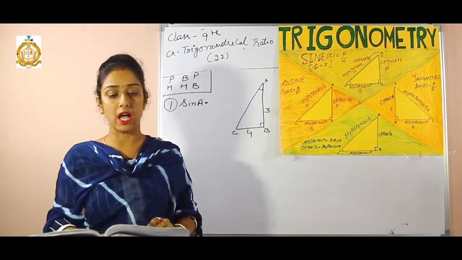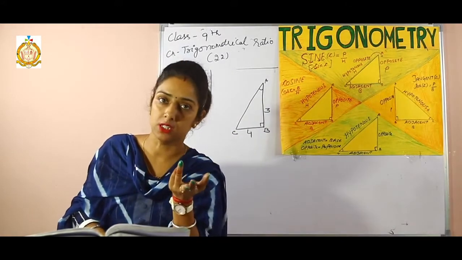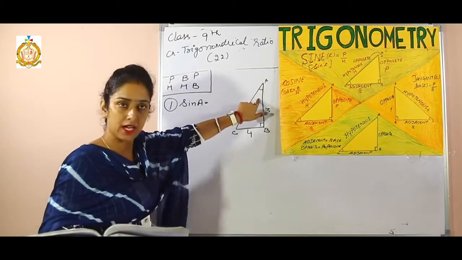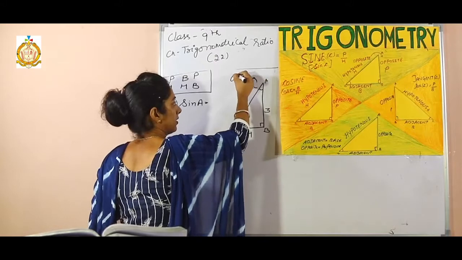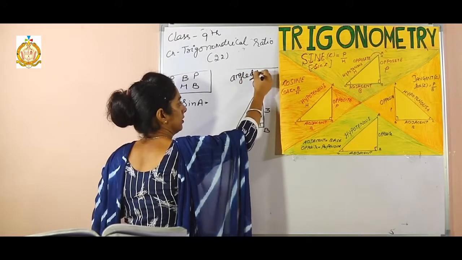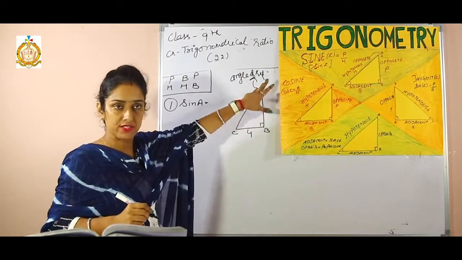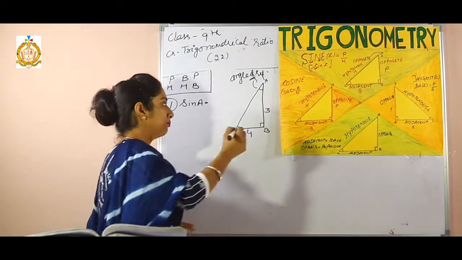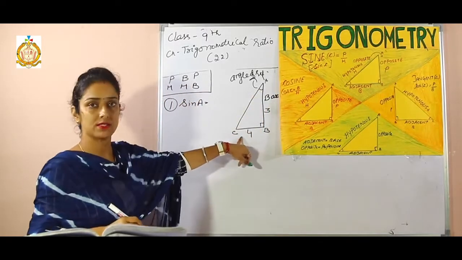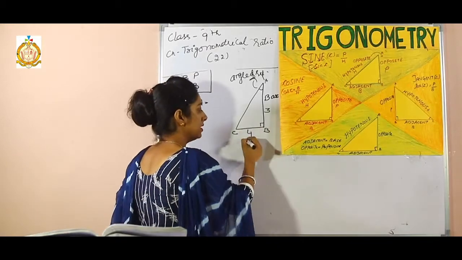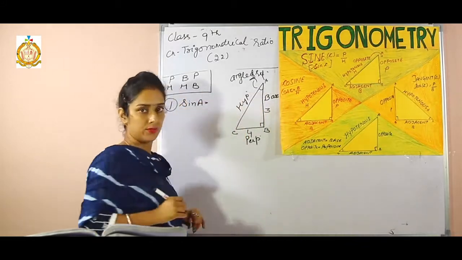First of all, we have to find which one is the hypotenuse, which one is the base and which one is the perpendicular. So this is the angle of reference. With the angle of reference, this line is what? This is the base. Okay, and this one is the adjacent side. This is the perpendicular, and this one is the hypotenuse.